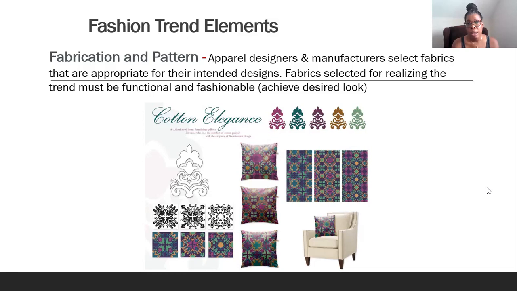You have to use the trend information and apply it to what you have already established as a business. Okay, what do you know your target market likes? And again, this all relates back to your research and your data, your sales data, what works for your customer, and how to incorporate what is trending for the season into what you've already established as what is relevant for your customer, what sells, and what is successful for your business.